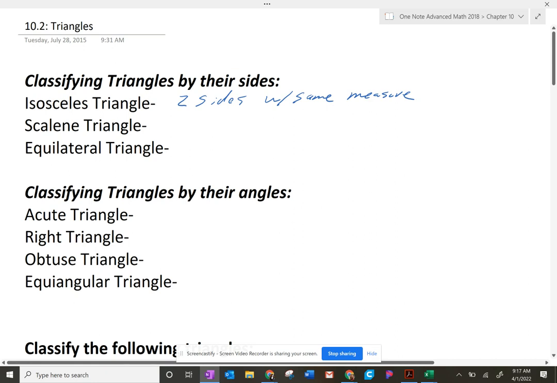Okay, a scalene triangle. Anyone remember what that one was? No sides are the same. So scalene is zero sides have the same length. I can't spell.